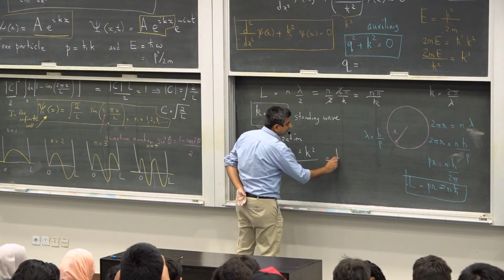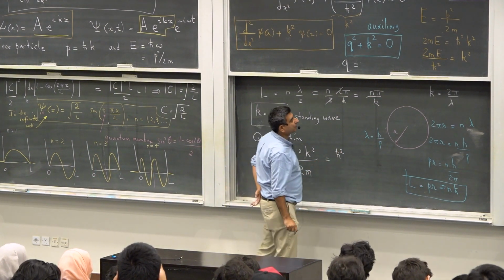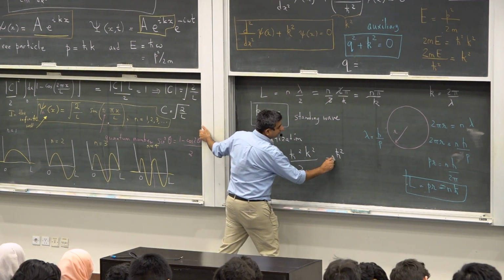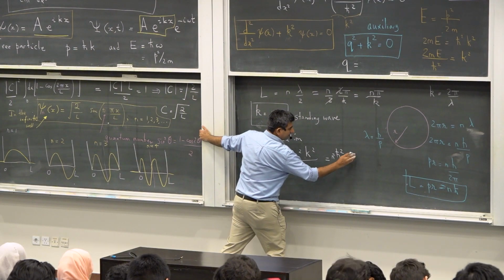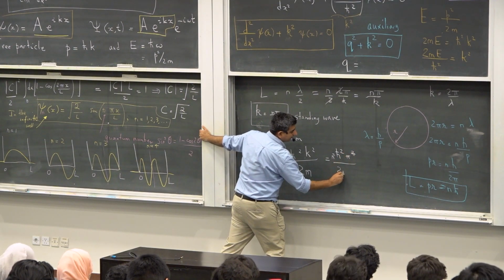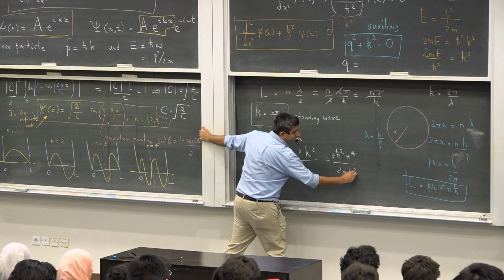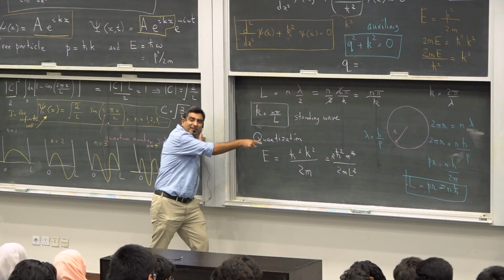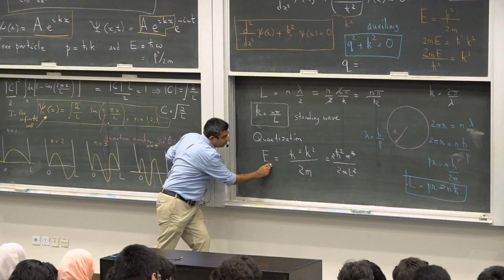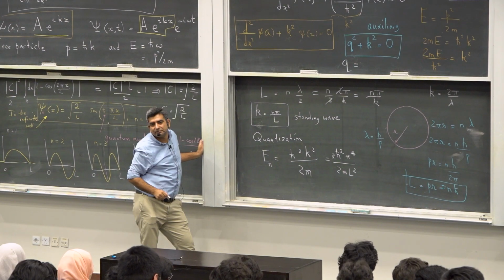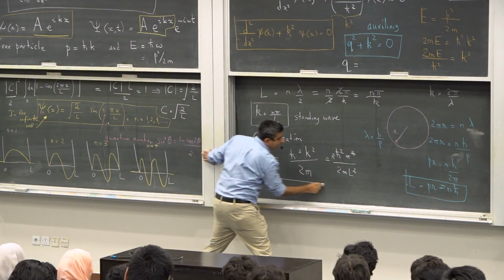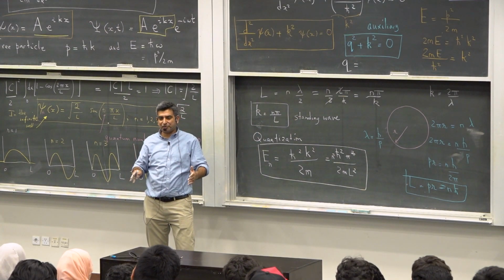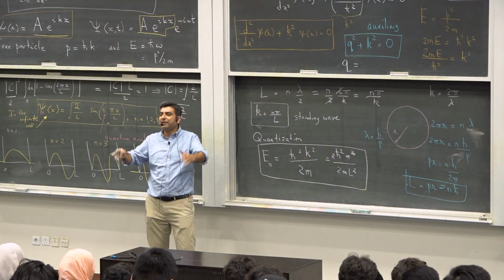What is my k squared? k squared is n pi over L, squared. So this becomes n squared pi squared h bar squared over 2mL squared. So the energy is also quantized. I can put a small n with the energy. So in the infinite well, the energies of the electron or the proton, whatever the particle, are quantized.